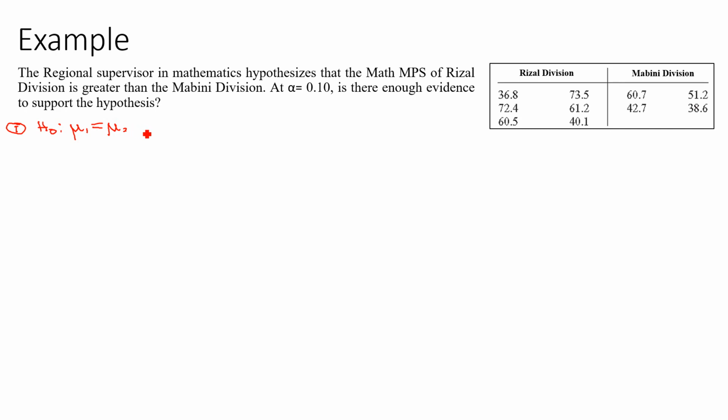And for our alternative hypothesis, the population mean of the Rizal division is, as we can see here, greater than the population mean of the Mabini division. And take note, this is the claim of the researcher or the regional supervisor.